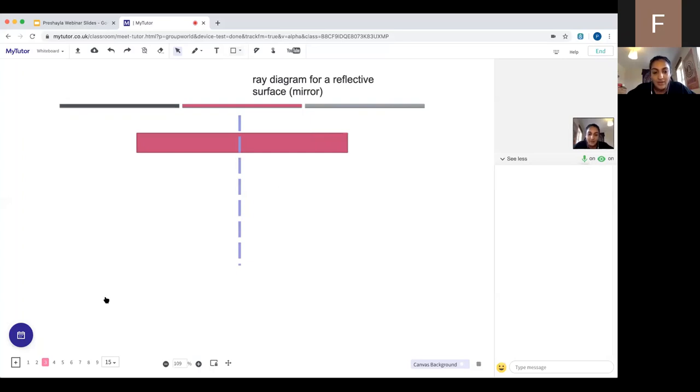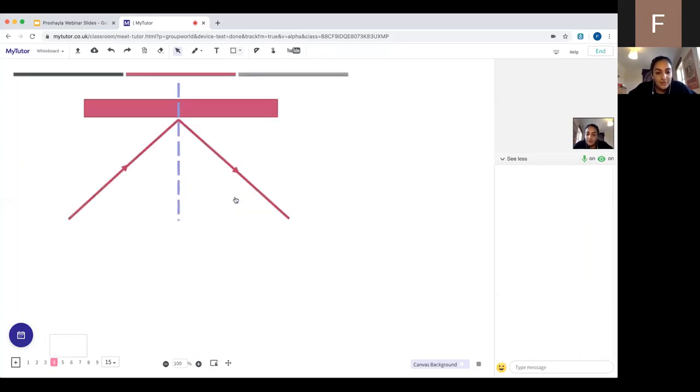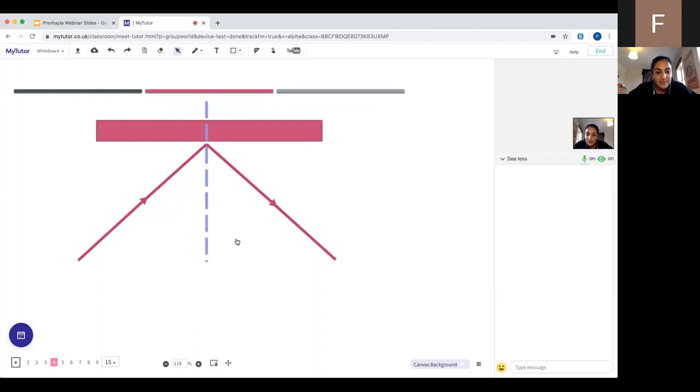Okay, so that's what we need to depict in our diagram: a ray coming in and being reflected off at the same angle. So it's going to look a little something like this. We have a light ray coming in and the light ray coming out.